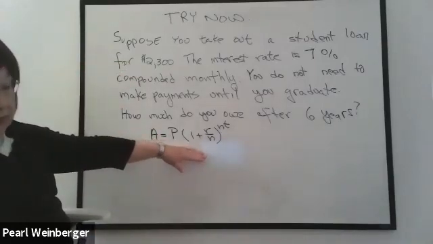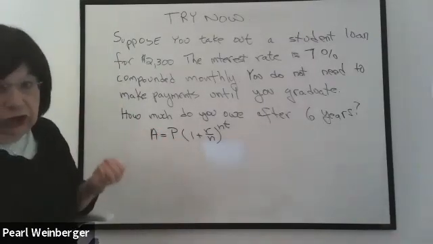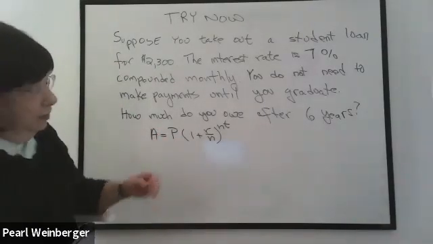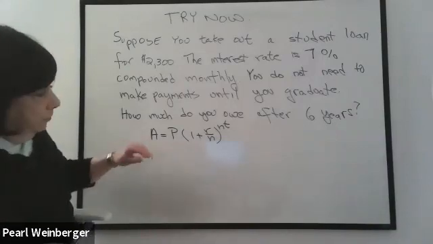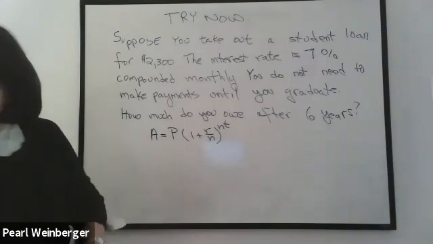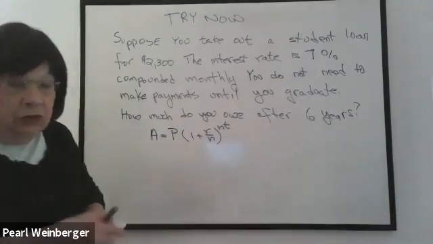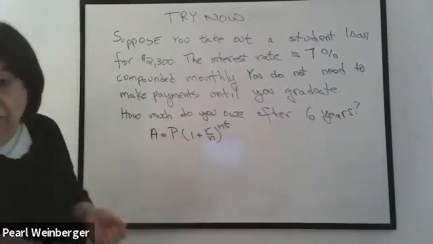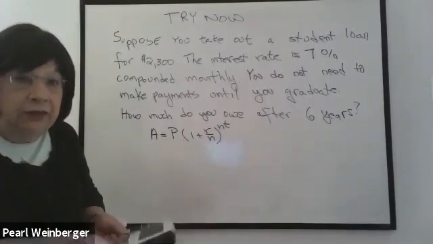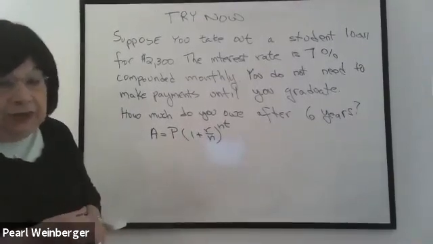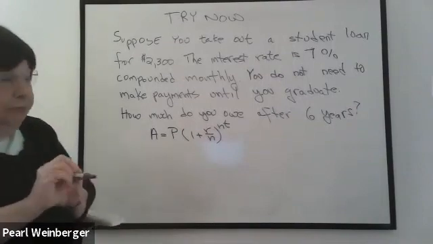If you remember, this is the formula for the compound interest. If you're getting a question on compound interest, they will give you the formula. They will not ask you to figure out the formula, but you're going to need two things. Number one, you need to know what each of the letters stand for, and you have to know how to put it into your calculator, because the only way these problems can be done is really with a calculator.